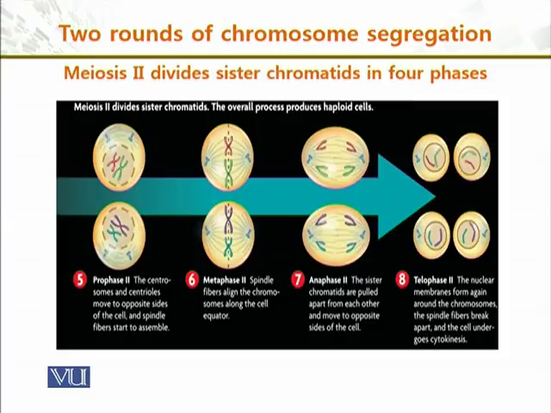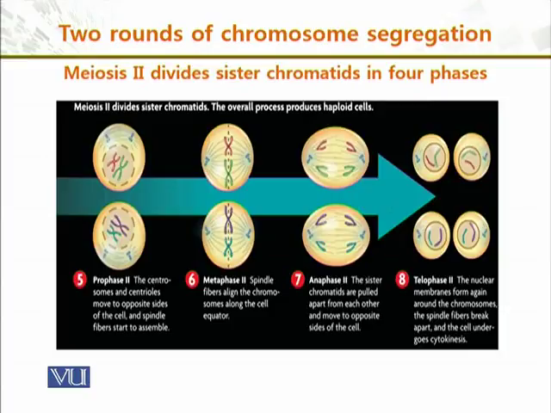Then in metaphase 2, the spindle forms with these proteins, and the chromosomes line up. Further, in anaphase 2, the sister chromatids are pulled apart from each other and go to the cells. And eventually, in the telophase, we get the 4 cells, the nuclear membranes form, and the 4 gametes are formed.